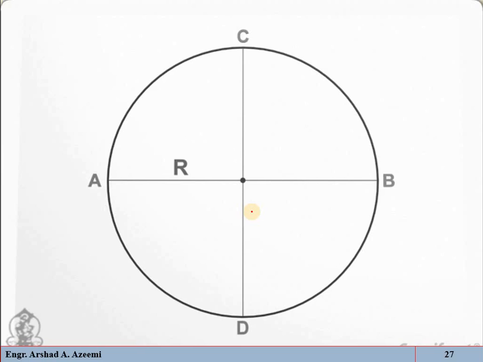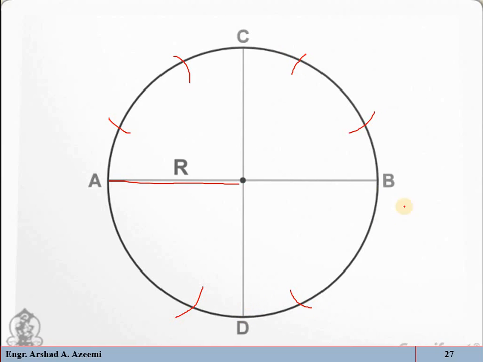Now with center A and equal to the radius of the circle, mark here a point, mark here a point. Now with center C and the same radius, mark here a point and mark here a point. With center B and that radius, mark here a point and mark here a point.